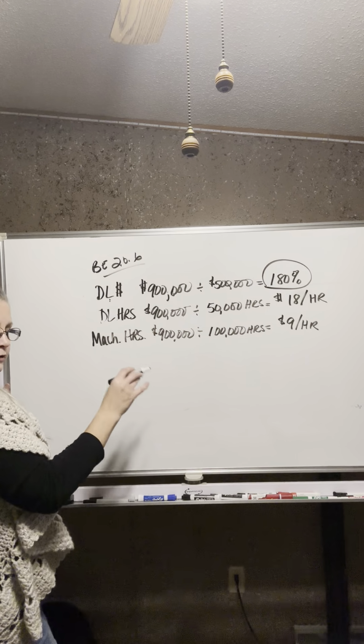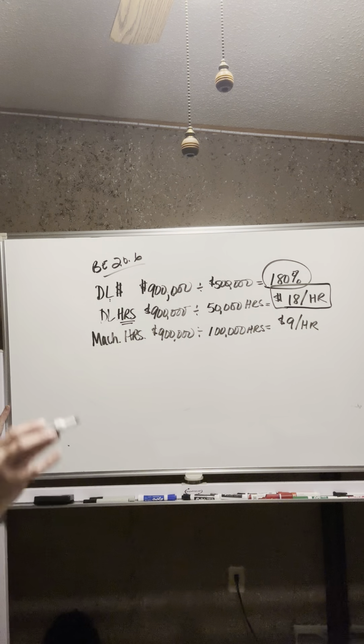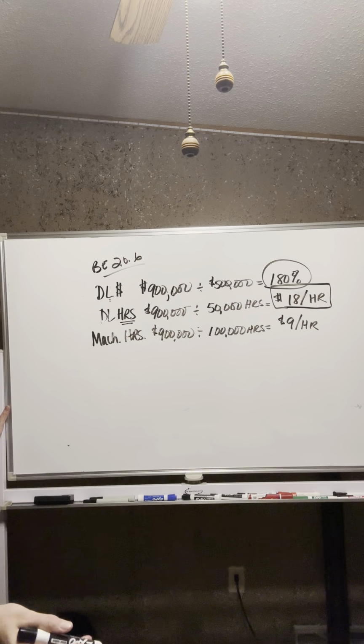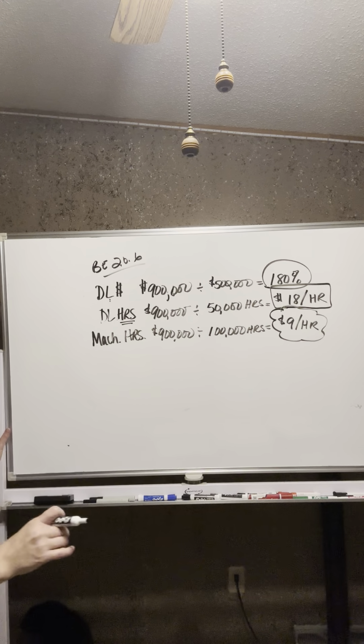In this one, you would have to know how many direct labor hours were worked. You would take those number of hours times the $18, and that's what you would debit WIP and credit manufacturing overhead for. In this one, you would take the $9 per machine hour that actually happened.